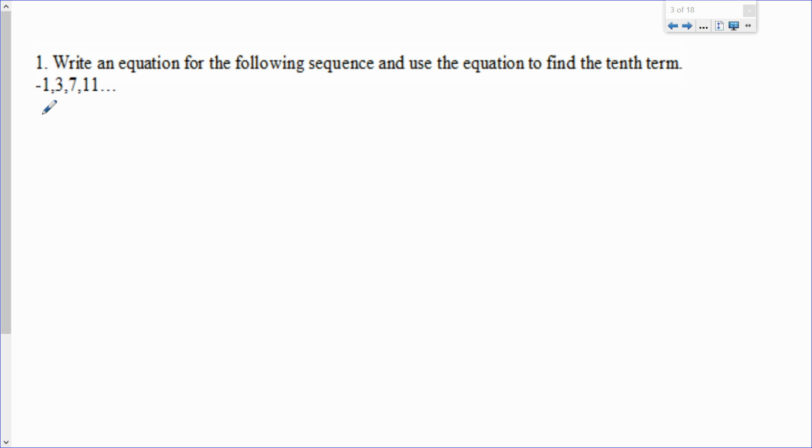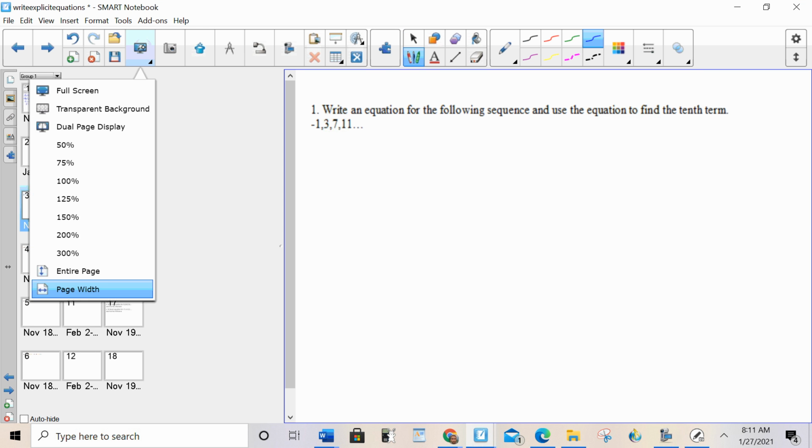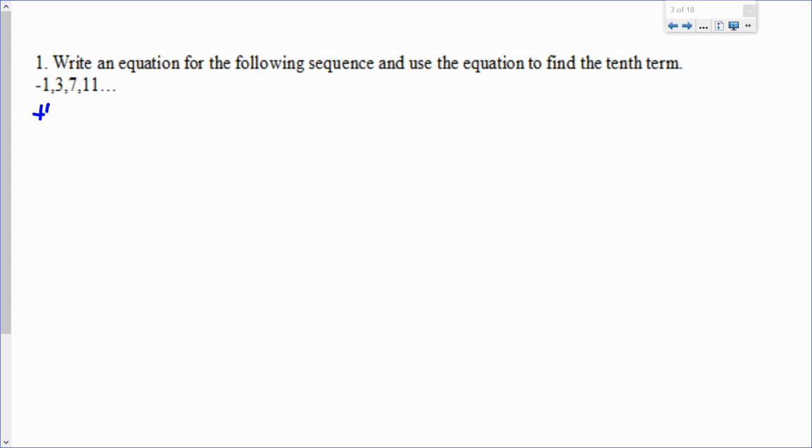I would add 4. What would I have to add to 3 to get 7? I would add 4. What would I add to 7 to get 11? I would add 4. It's the same thing. That's my pattern. It's arithmetic because I'm adding.